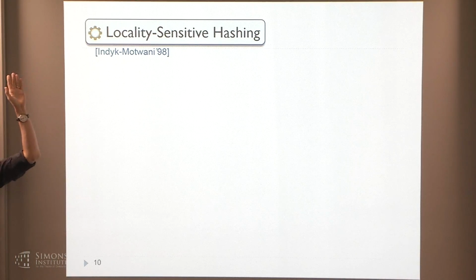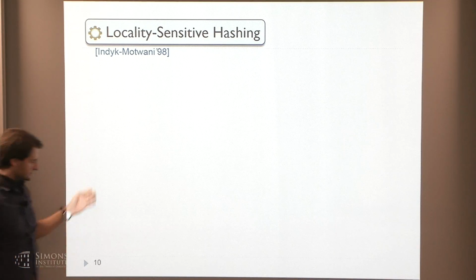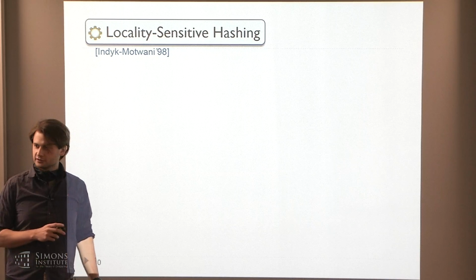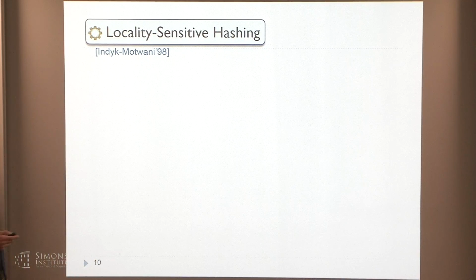How many of you have seen the definition of this? Oh, okay, about half, a little more. So I'll define it. This will be related to Moses' talk later today.